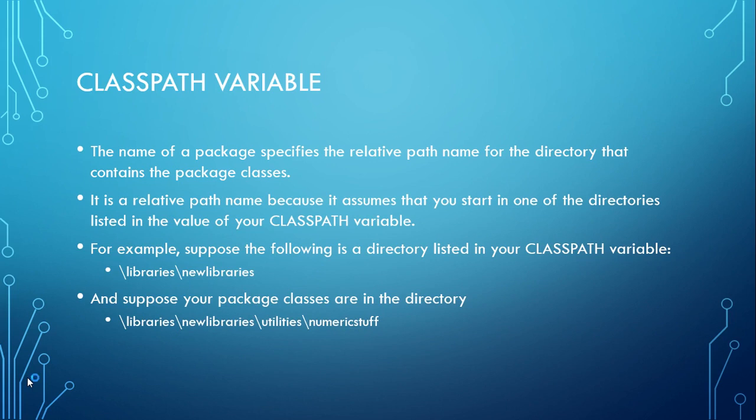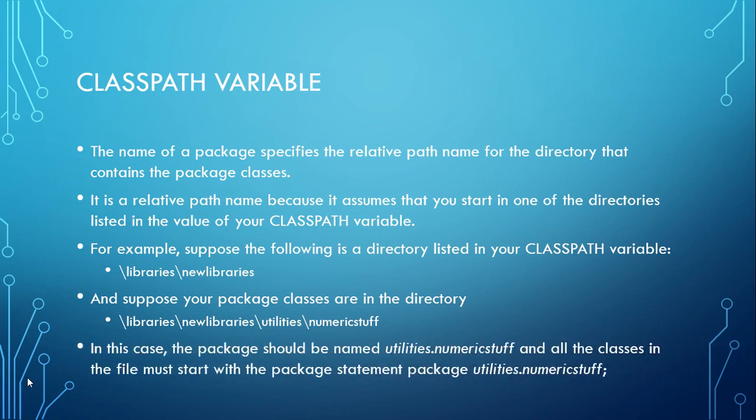And suppose your package directories are in the directories libraries/new libraries/utilities/numeric stuff. In this case, the package should be named utilities.numeric stuff, and all the classes in the file must start with the package statement package utilities.numeric stuff. Makes sense because remember, the class path variable points up to new libraries.